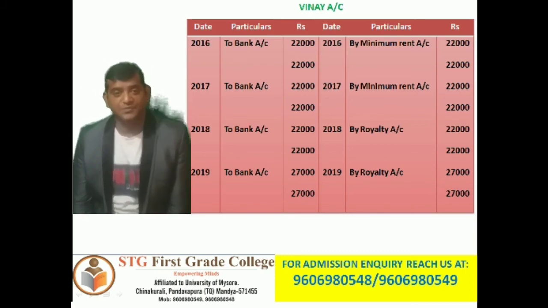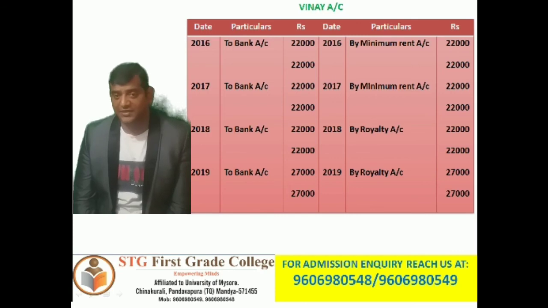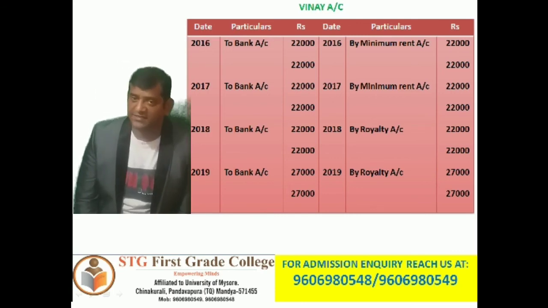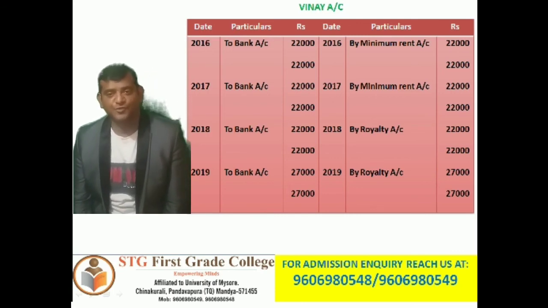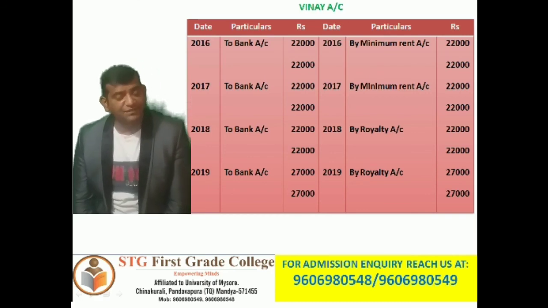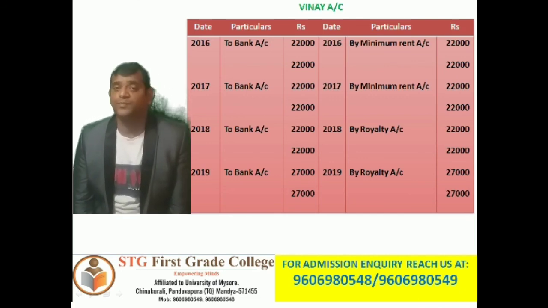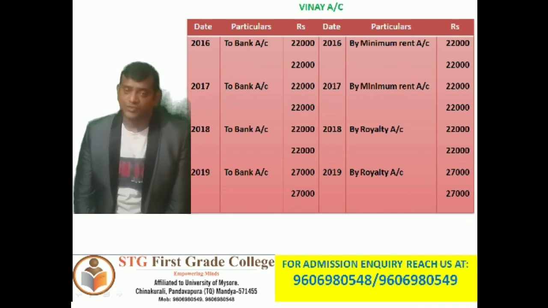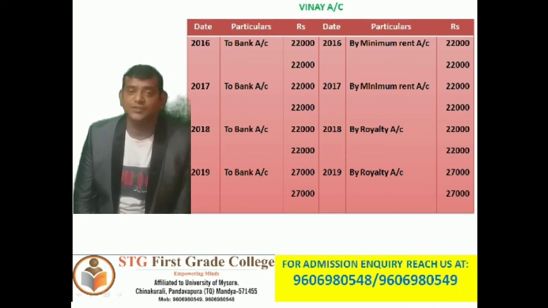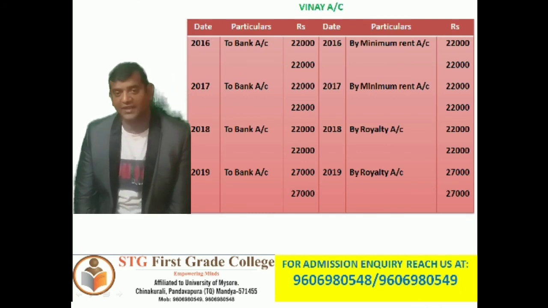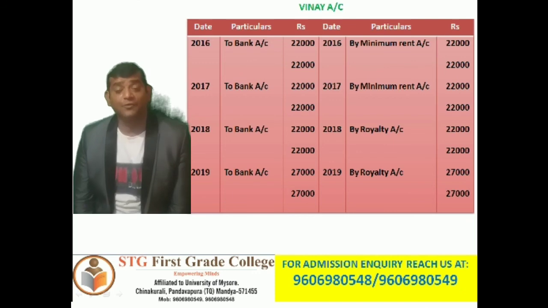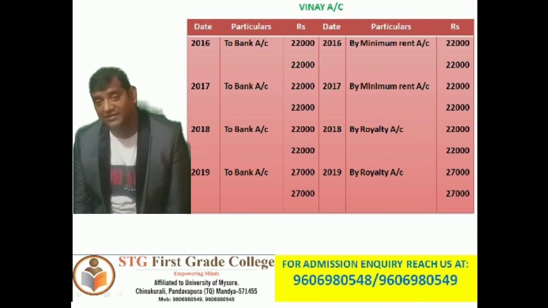In the year 2017, to bank account 22,000; 2017 by minimum rent account 22,000, because in these first 2 years we could not generate revenue out of royalty, so we paid through minimum rent.